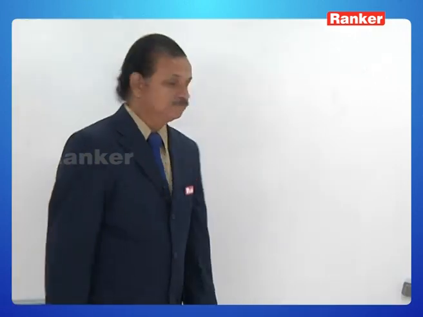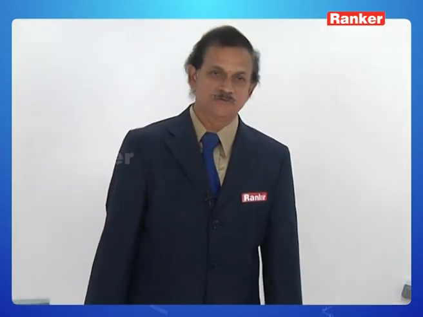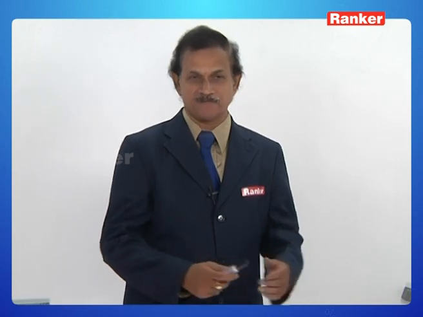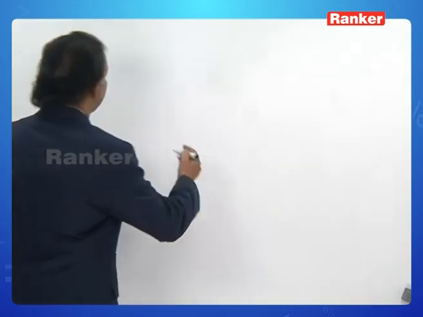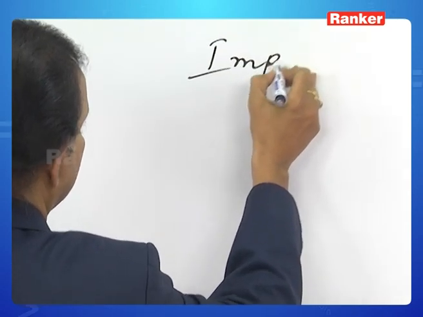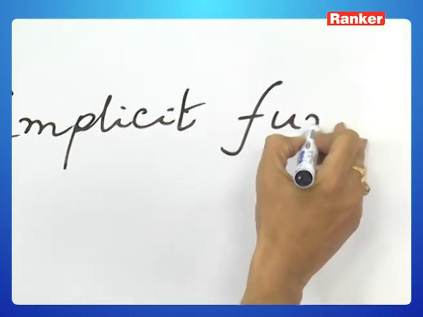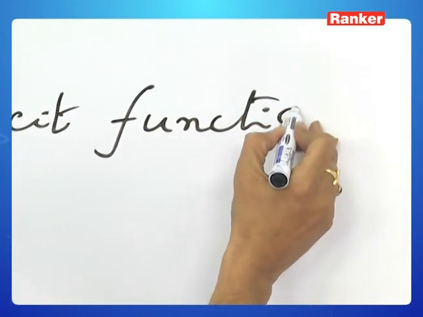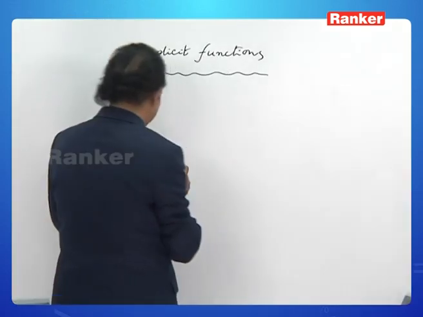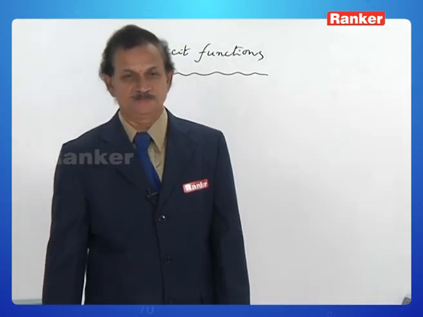Yes. After noting down the parametric differentiation, let us now switch over to another type of differentiation, namely implicit function differentiation. What is that? What do you mean by implicit function?